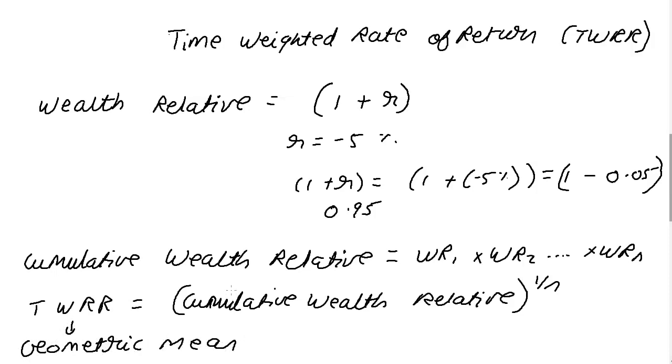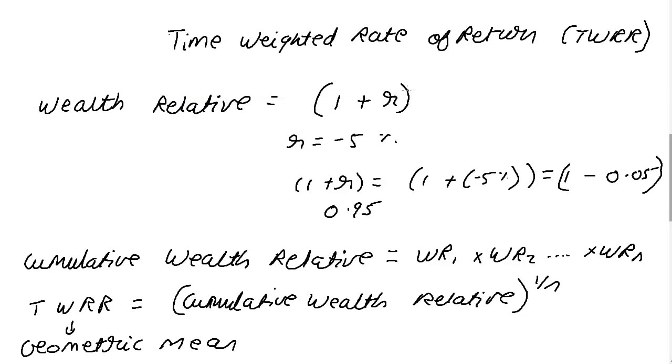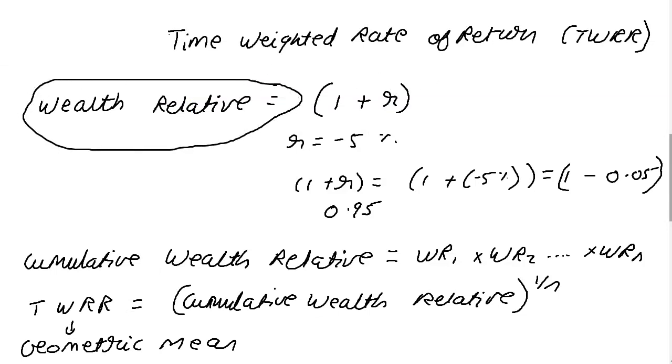Alright, so now that you have the formula and the steps, we are going to go ahead and do this on spreadsheet. Alright, so here we go. We have return. Okay, our first step over here is to calculate the wealth relatives.